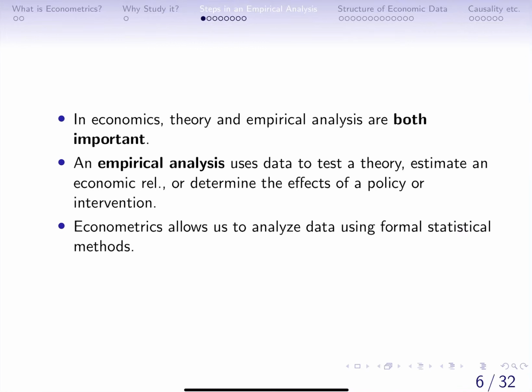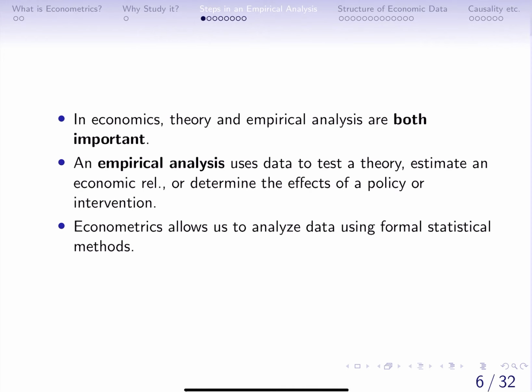In this video, we'll talk about what are the steps we need to take to do an empirical analysis. So before we start, it is really important for you to remember that when we're thinking about a relationship between two variables or measuring the effect of a policy change in economics, both the knowledge of your economic theory and the empirical analysis would be important.